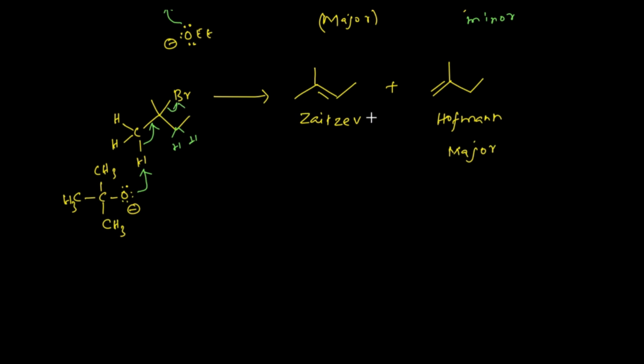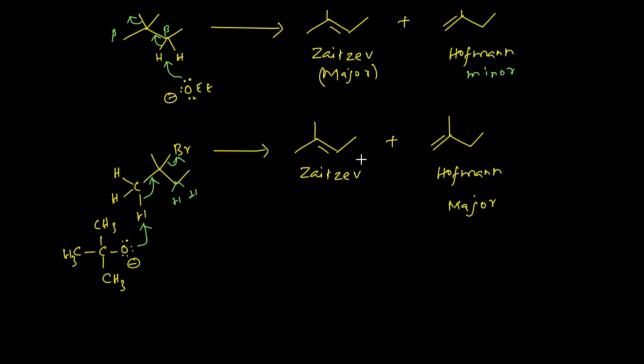So finally we will get these 2 types of products. But when the base is bulky, we will get the Hofmann product as the major one. This is how the base decides the product distribution of Saytzeff and Hofmann.